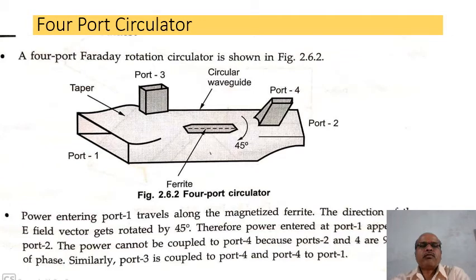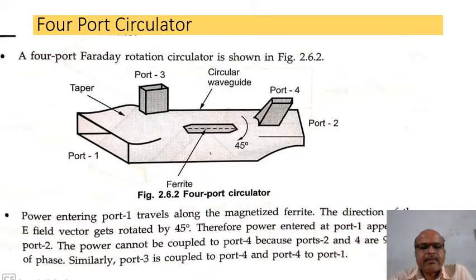Next is a 4-port circulator. In the previous diagram we observed that two phase shifters and two directional couplers are used. Another example is a 4-port Faraday rotation circulator, as shown in this figure. Power entering port 1 travels along the magnetized ferrite.